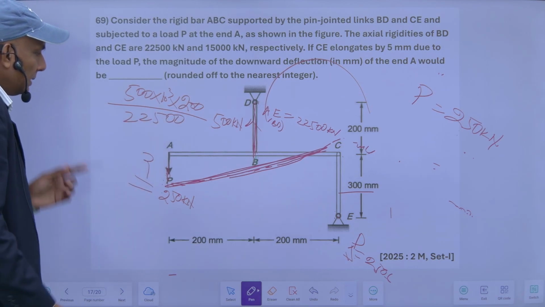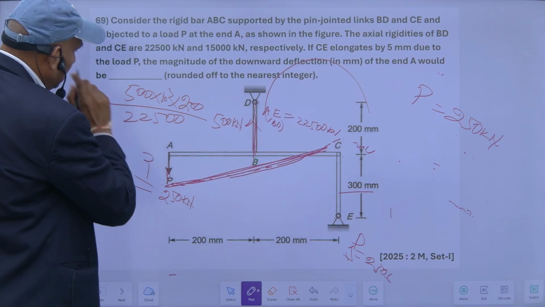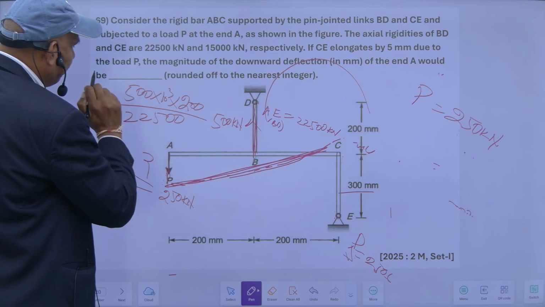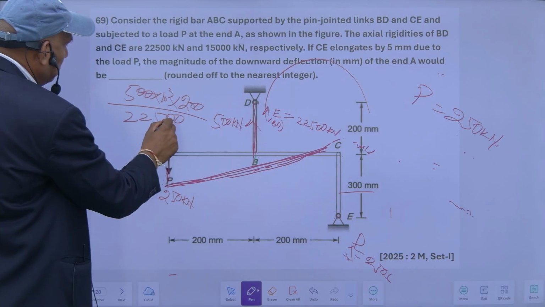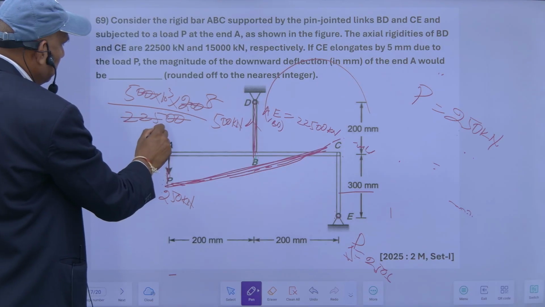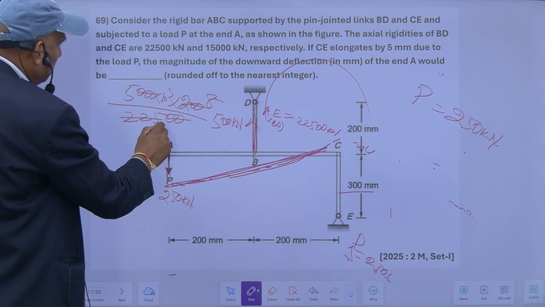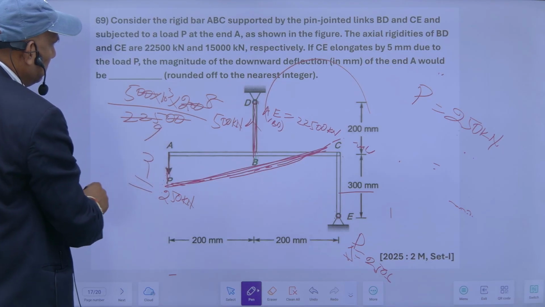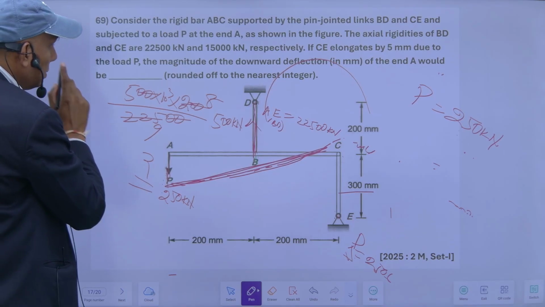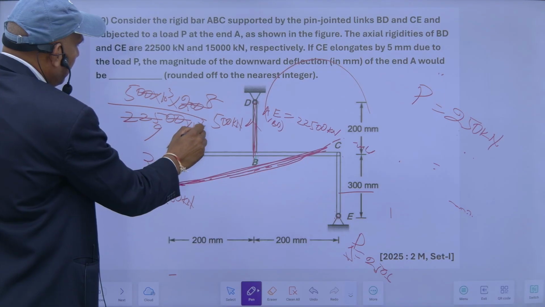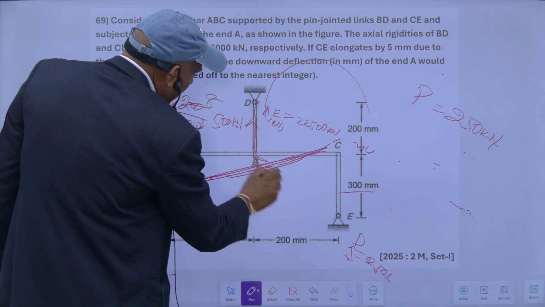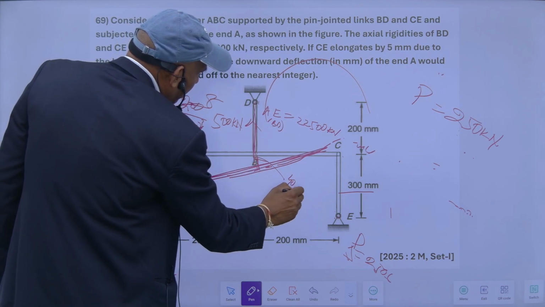So this will come out to be 40 by 9. So 40 by 9 means 4 point something mm will be the deflection here.